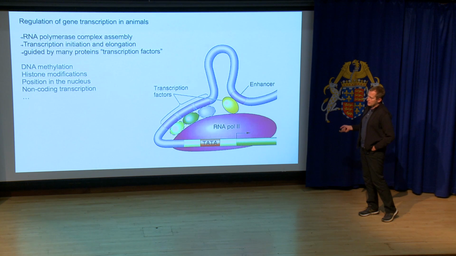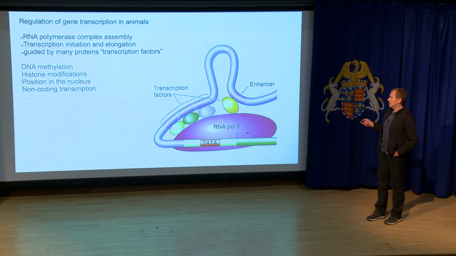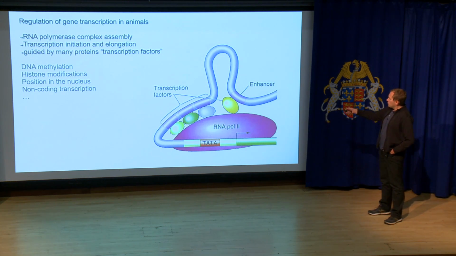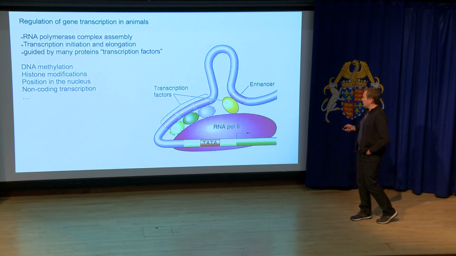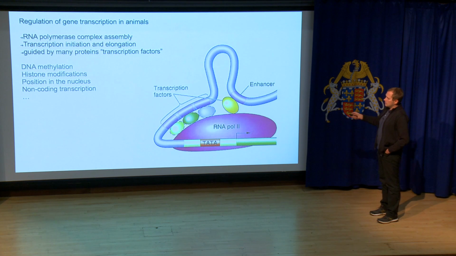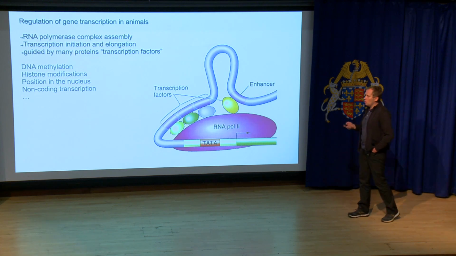The gene will be on the right side here, and it's regulated by these proteins. They're called transcription factors. They bind to the DNA, which can be nearby the promoter, or they can be far away, as the DNA can form a loop. It can go up to millions of bases away, and then it's called enhancers. So enhancers are present in multicellular organisms. In unicellular organisms, these almost don't exist.